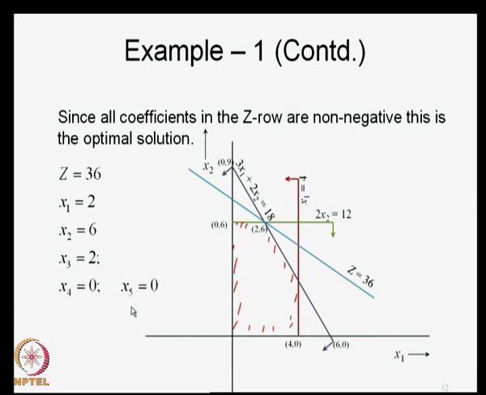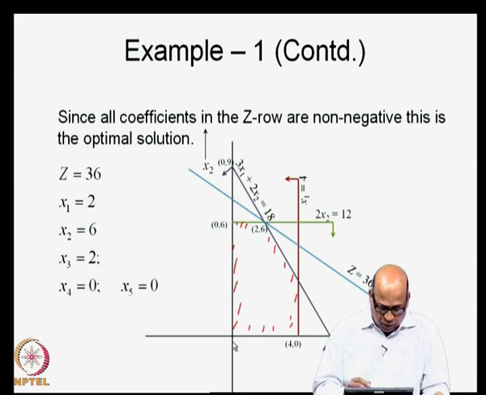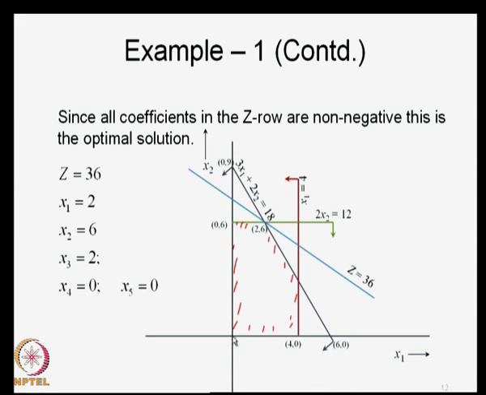So, this is how you proceed from one iteration to another iteration. Essentially, in the simplex method, we started with this point, which was x1 is equal to 0, x2 is equal to 0.